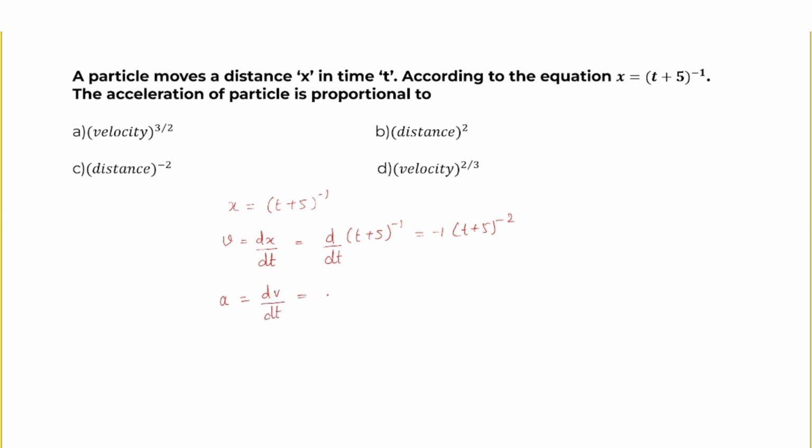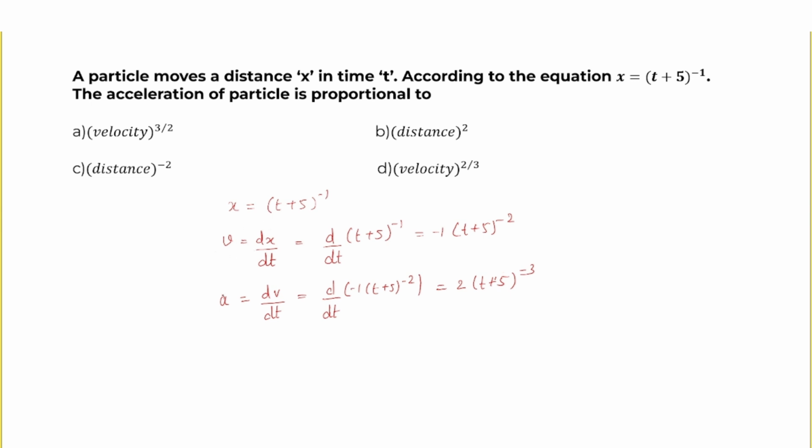So that will be d by dt of minus 1 (t plus 5) whole raised to power minus 2. So differentiating, this minus 2 will come in front and make this minus 1 as plus 2, and (t plus 5) whole raised to minus 3. Clear. Now this is velocity and this is acceleration.